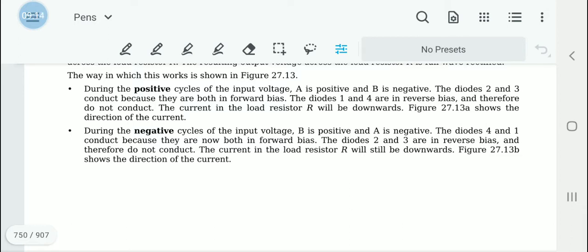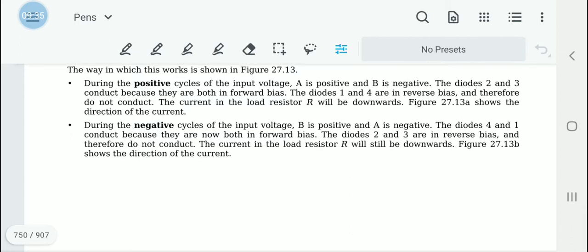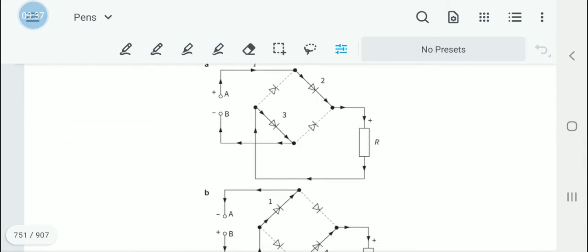Diodes 2 and 3 conduct because they are in forward bias. The other two would not conduct. The current in the load resistor R is downwards. And then draw 27.13A. This one, A part.